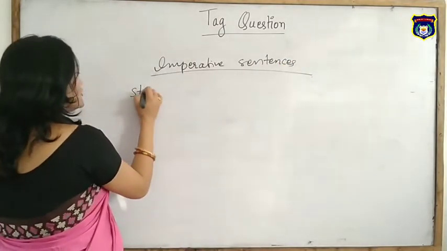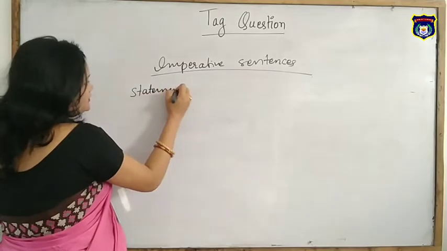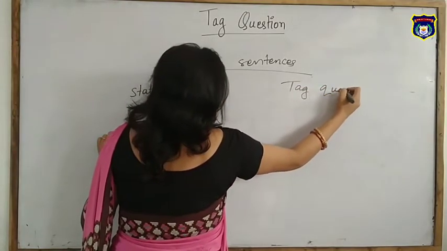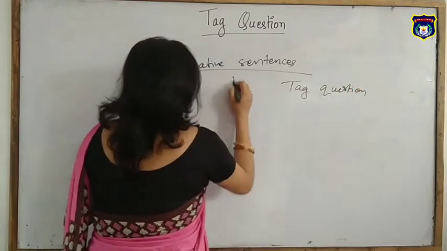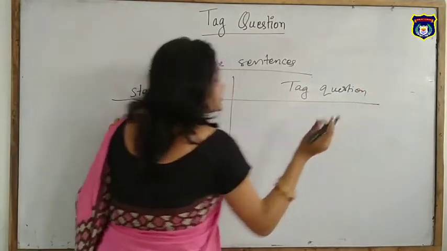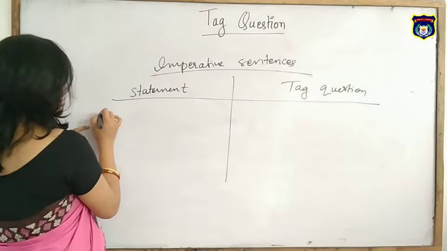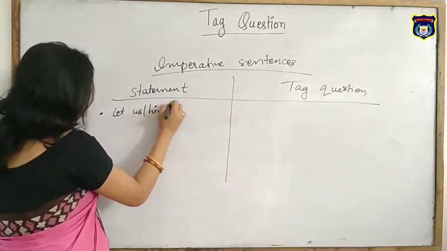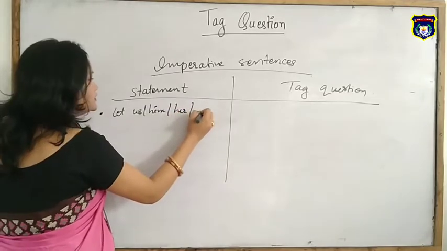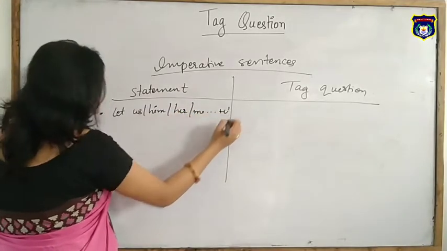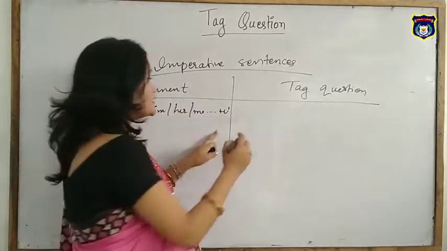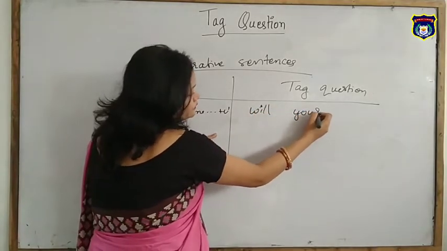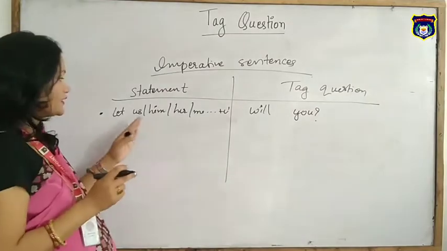Let's see. If the statement begins with let us, him, her, me, etc. plus V1, the tag of it is always will you. Okay, we must be very clear about it.